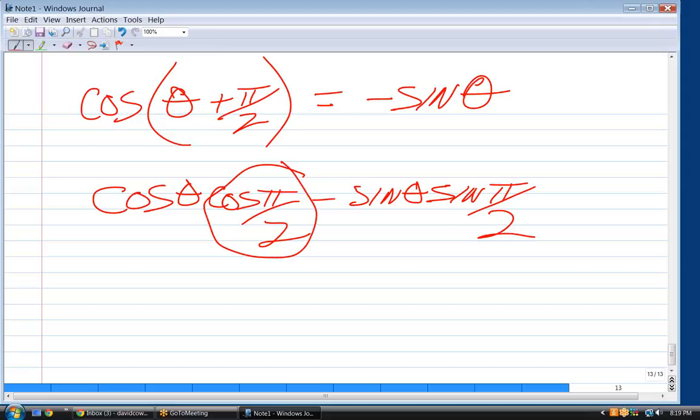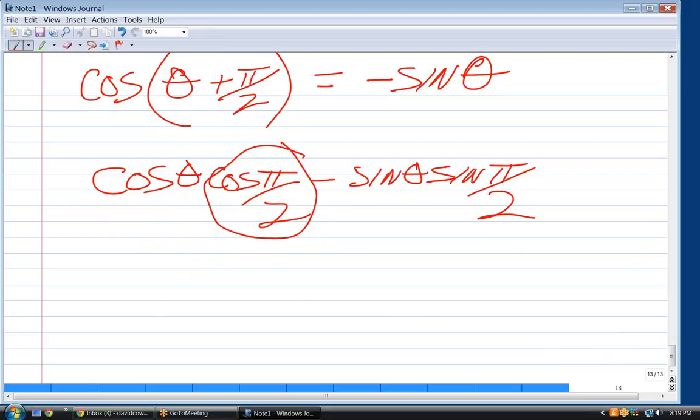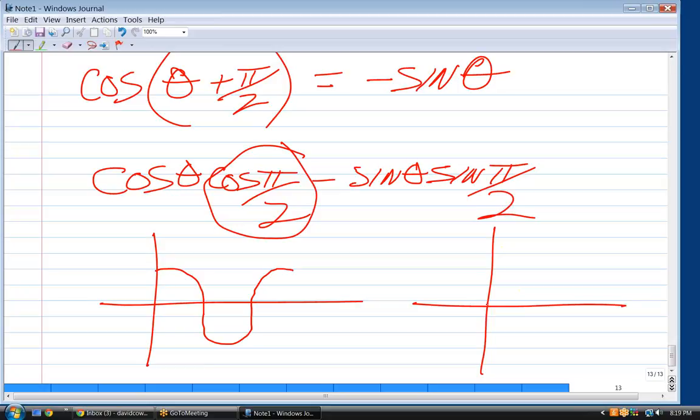Not sure. Okay, there's two other charts that you need to memorize. These are key. That's the cosine. This is the sine. Notice cosine of 0 is 1. Well, its next quarter point is pi over 2. Its next quarter point is pi.